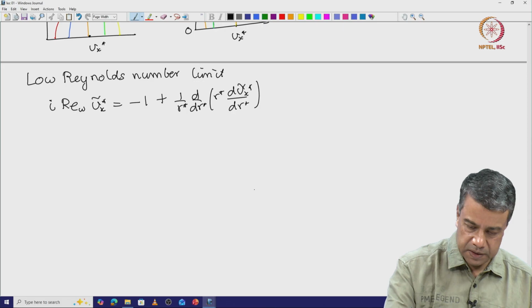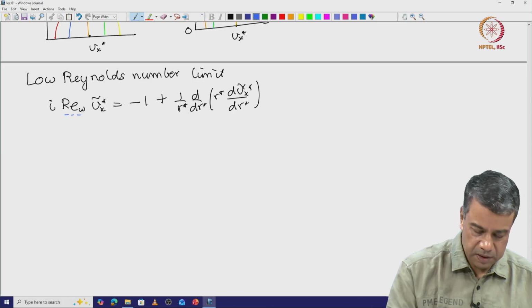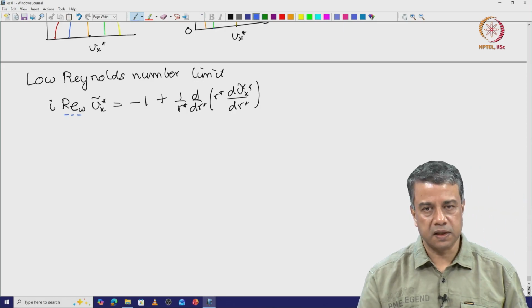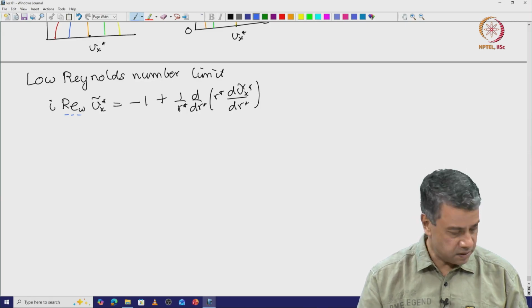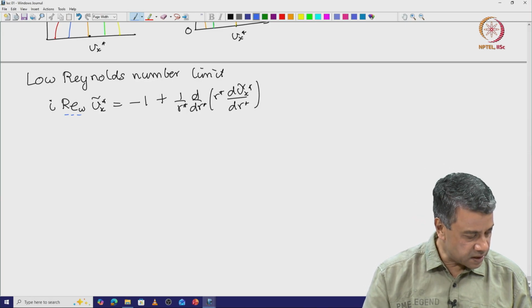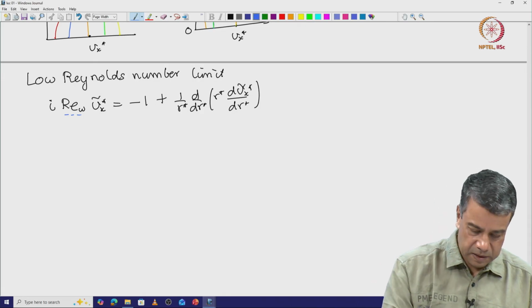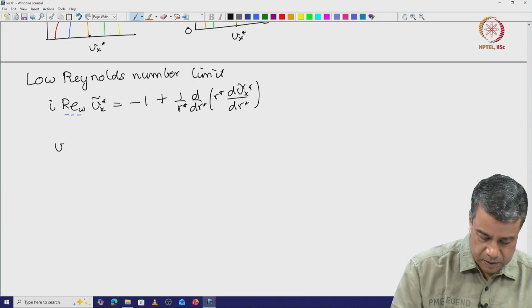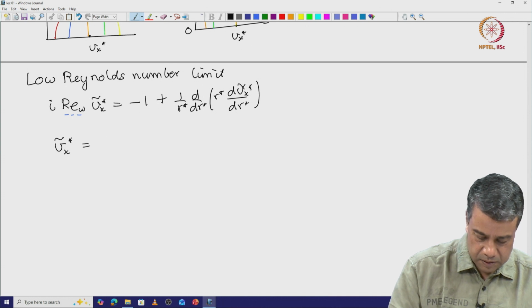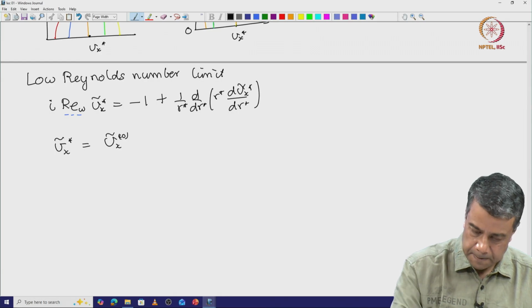Now, if this Re were 0, then the left side would be 0 altogether, there are no inertial terms. In the limit as Re is small, we can expand in the small parameter Re omega.